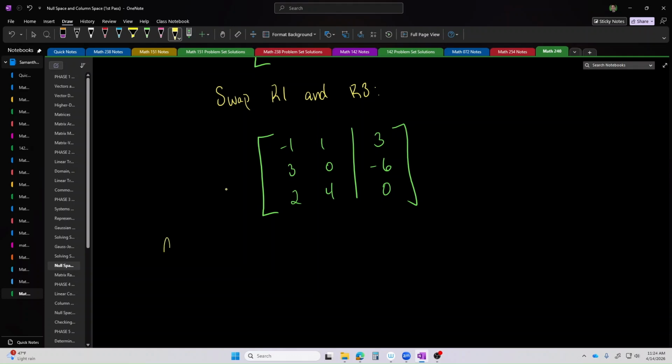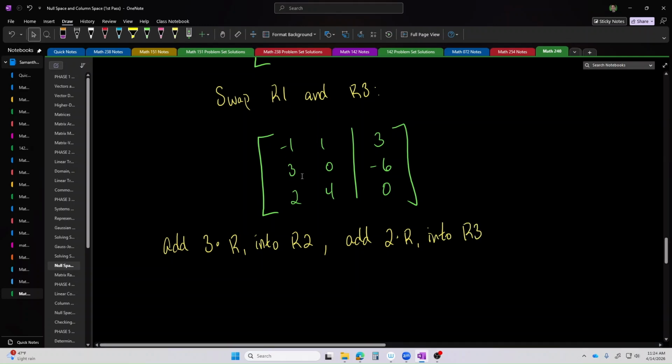So I will add 3 copies of row number 1 into row number 2, and I will also add 2 copies of row number 1 into row number 3, because this action will allow me to eliminate the 3 right here and this 2 right here.